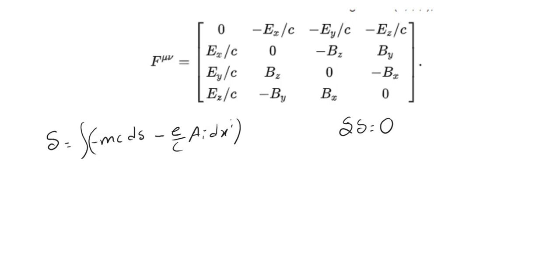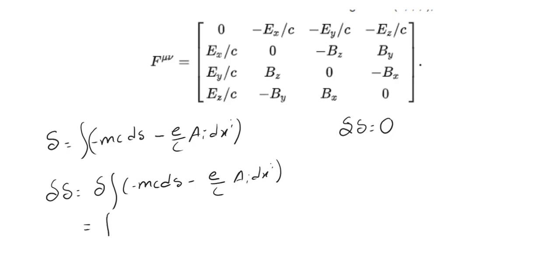Now that we have the action, we'll take a variation of this action. It will look something like this: minus mc ds minus e by c Ai dxi. Since integration and variation are interchangeable, the variation symbol goes inside the integral.